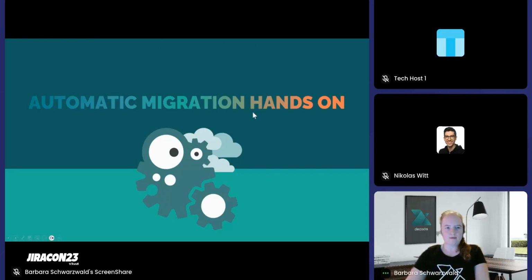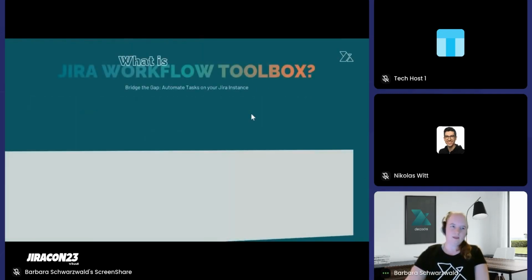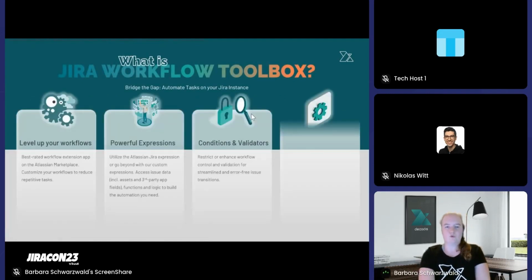But for that to make sense, I first have to tell you a little bit about what Jira Workflow Toolbox is. So Jira Workflow Toolbox is an app that can do a lot of stuff, but the most important part, the central features, are additional conditions, validators, and post functions that can level up your workflows.